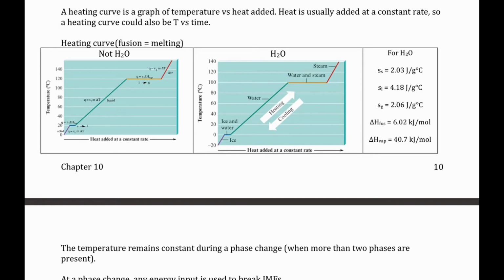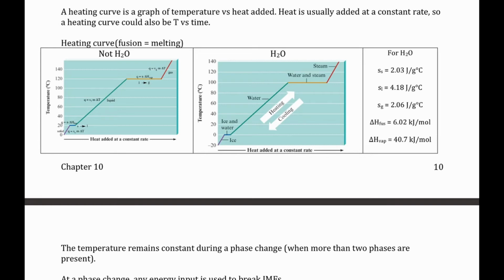The equation we would use to describe that amount of heat is equal to delta H of fusion times the moles. You see delta H of fusion given for water to be 6.02 kilojoules per mole.